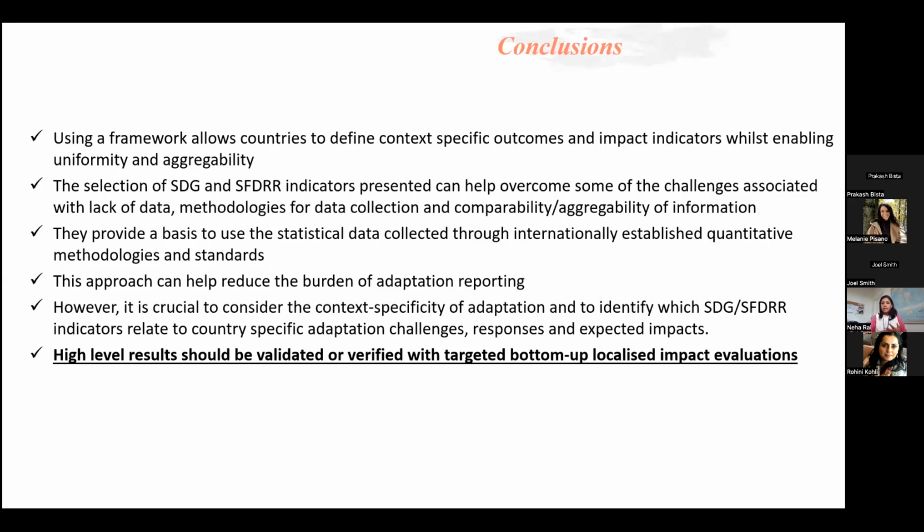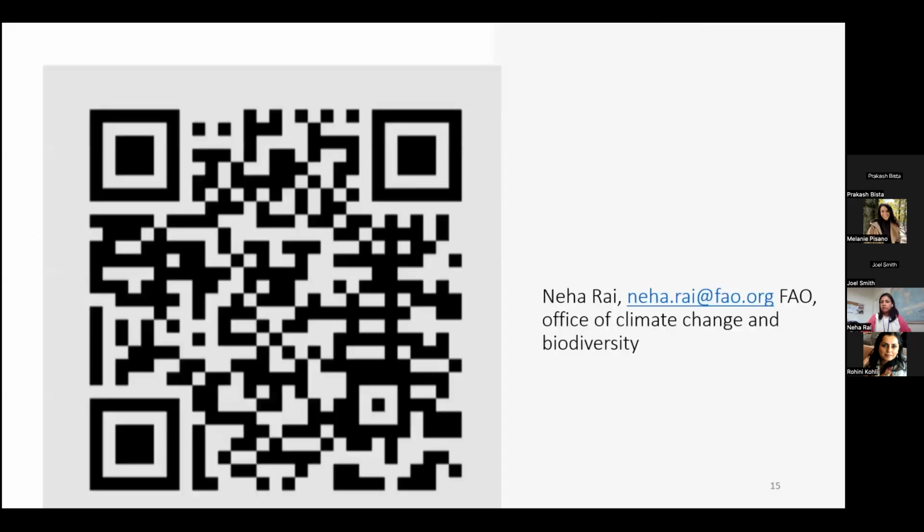So these aggregable results should also be informed by more impact evaluations, climate risk assessment evaluations, using tools like SHARP, which FAO has been using quite a lot on the ground, not only to show that the results are working, but validating those results in general in some cases, so that they're not just high-level, broad assumptions. But I'll stop there, and feel free to download this publication and get in touch if you have a question.